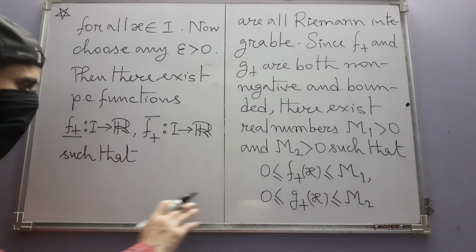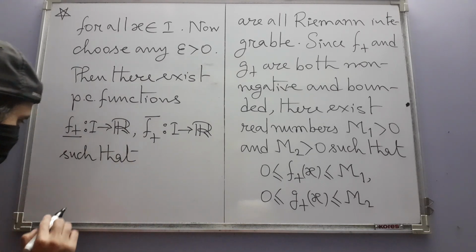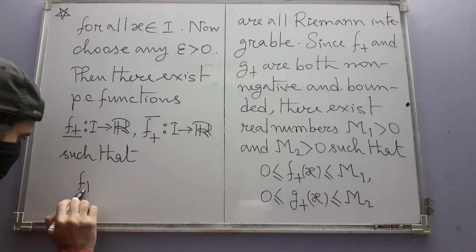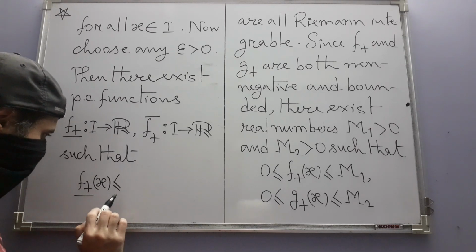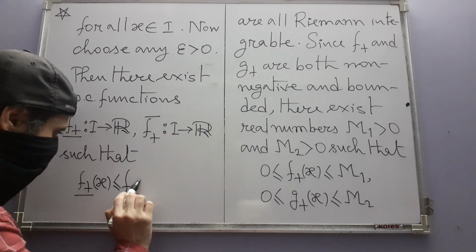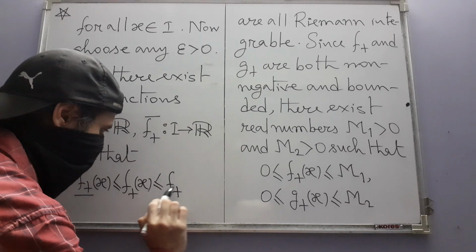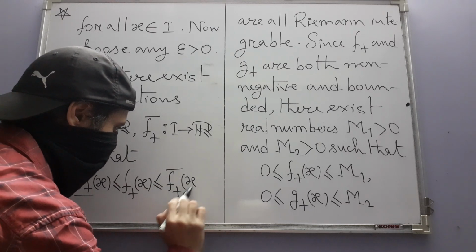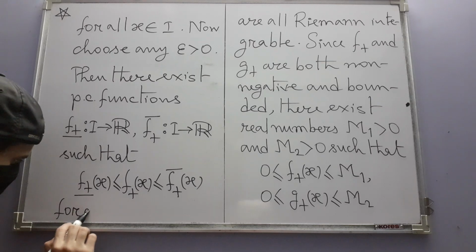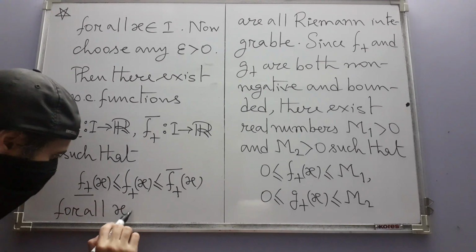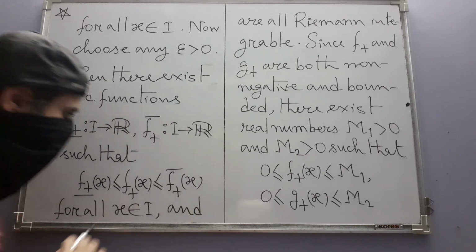Instead of writing these words, we can also write it mathematically such that, like this, f plus underscore at x is less than or equal to f plus at x, which is less than or equal to f plus bar at x for all x belonging to I, and what?